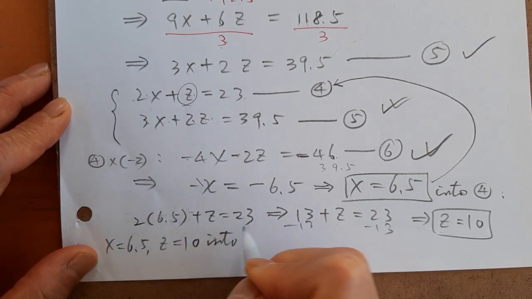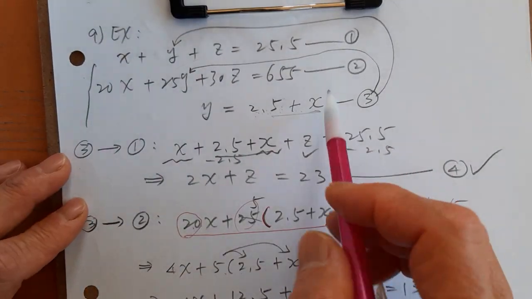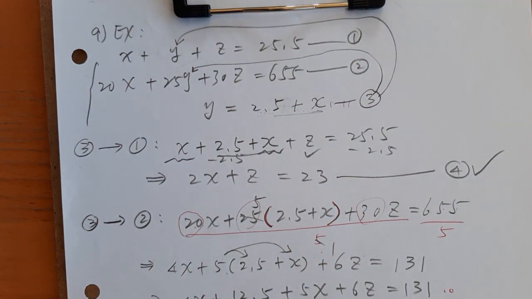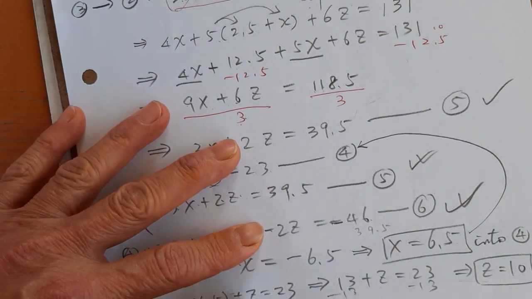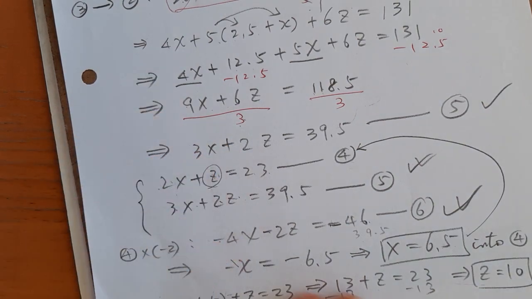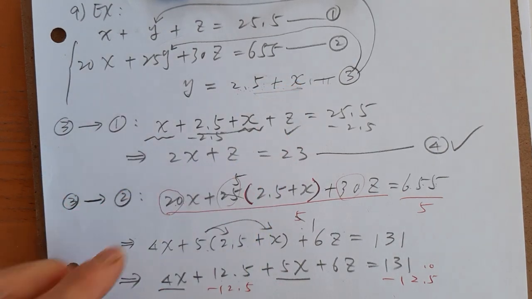Then you are going to get y. You get x equals 6.5, and you put it into the third equation. In the third equation, x can be substituted by 6.5.